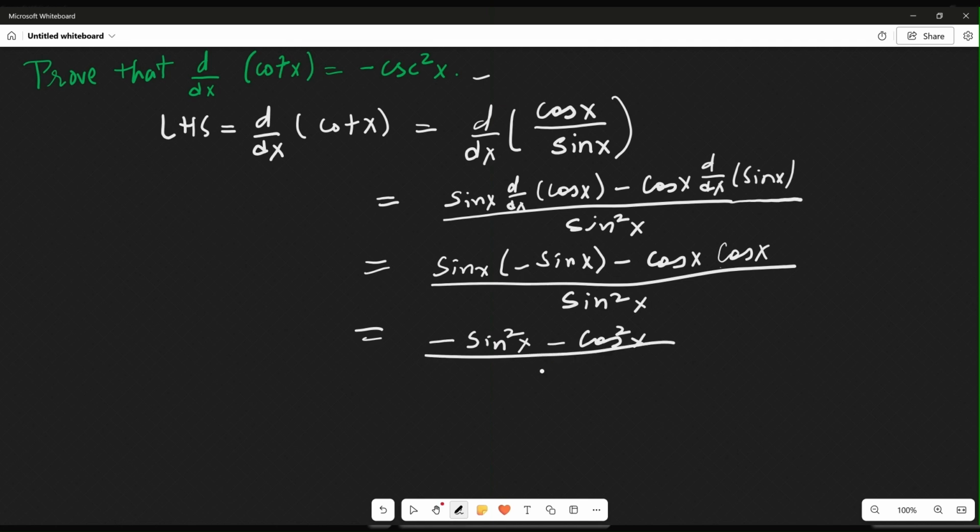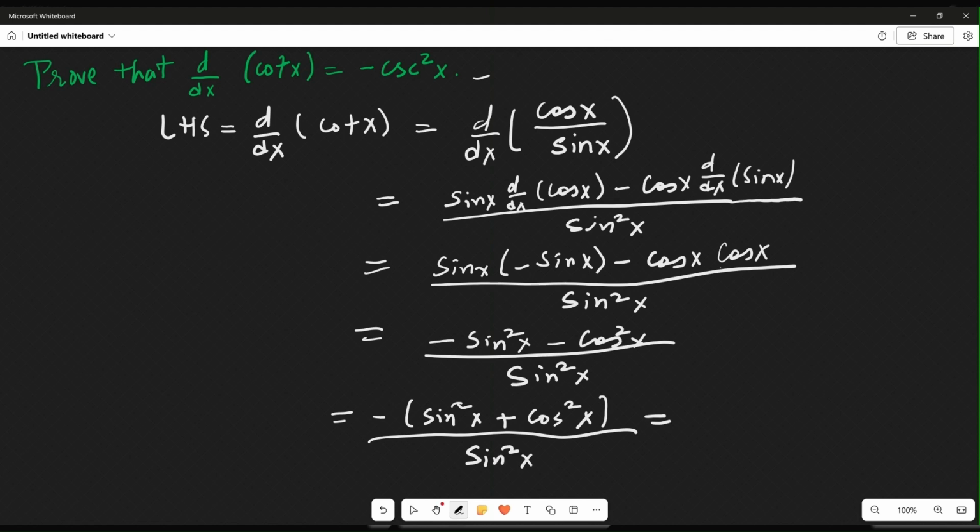Now try to think about what we are seeing. We already know the trig reciprocal identity that 1 over cosecant x is sin x. And we also know that sin square x plus cosine square x is equal to 1. So we can take the negative out, and we are left with sin square x plus cosine square x divided by sin square x.